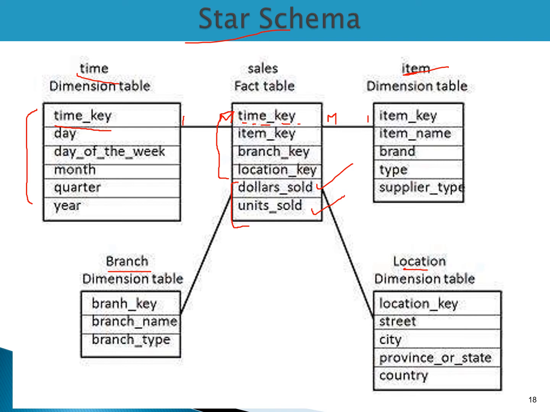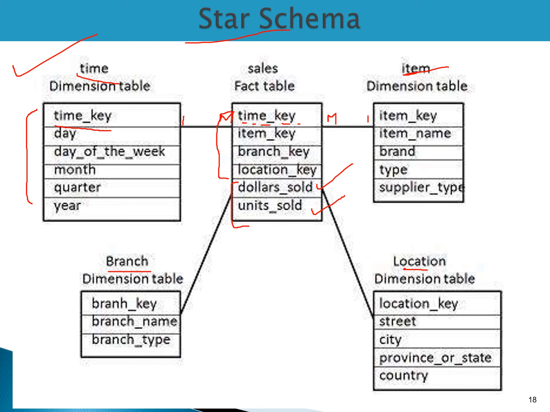As compared to the ER model, this schema is very simple. There are only two kinds of tables having only one kind of relationship between them.